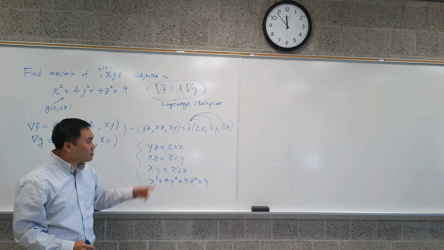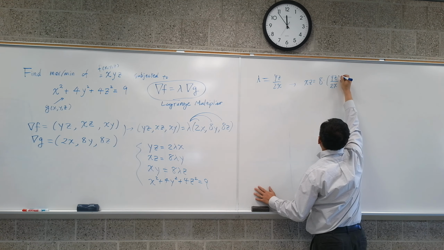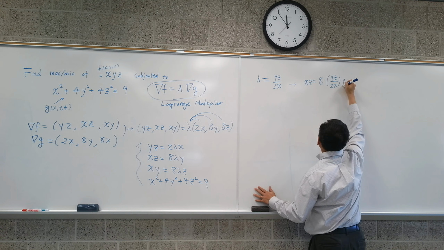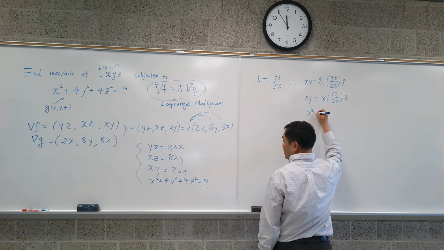You get xz equals 8 times yz over 2x times y, and you also get xy equals 8 times yz over 2x times z. And then the last one doesn't change.